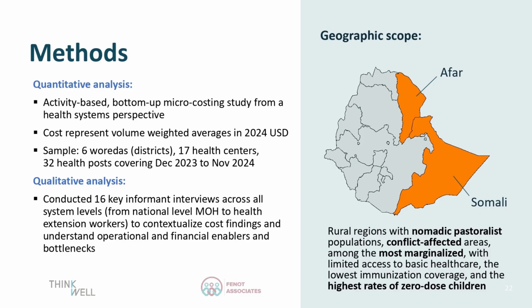The costing strategy we used is activity-based bottom-up micro-costing, from the health provider perspective. So we didn't do a patient perspective in this regard. The cost data uses the volume-weighted average, and we used 2024 USD.